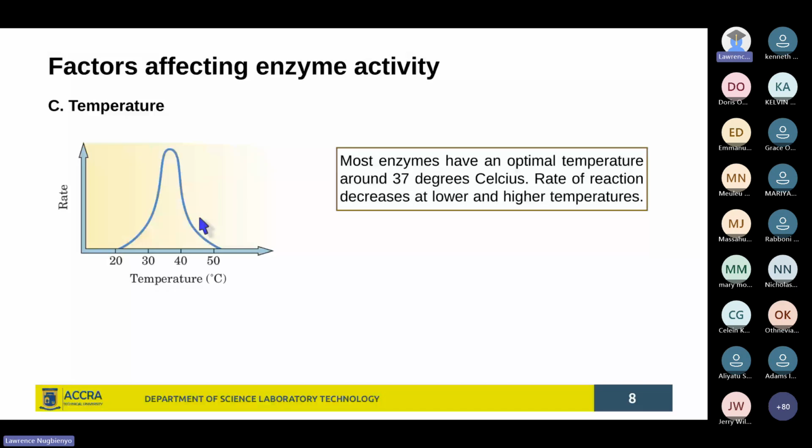And even if you refer to, say, red blood cells, for instance, you increase in temperature, that will be causing the breakdown of these red blood cells, and eventually will result into some condition of jaundice. You start to see yellow eyes, or some yellow pigmentation of the skin and things like that.